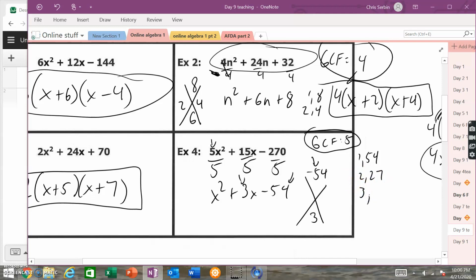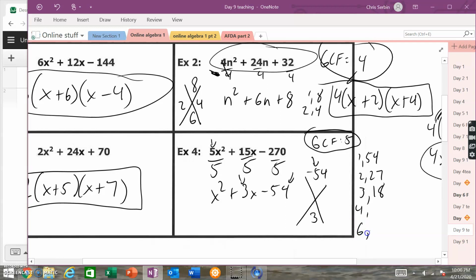3 and 18. That's still not there. That's still at 15, so we gotta keep going. I can check 4, but 4 gives me a decimal, and I can't use decimals. 5 gives me a decimal because it doesn't end in a 0 or a 5.